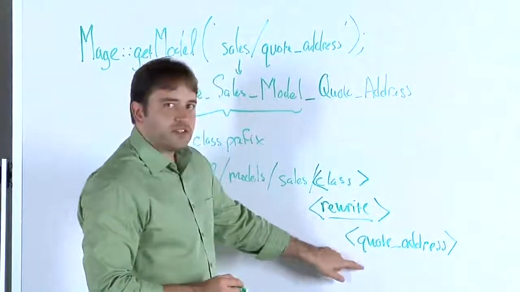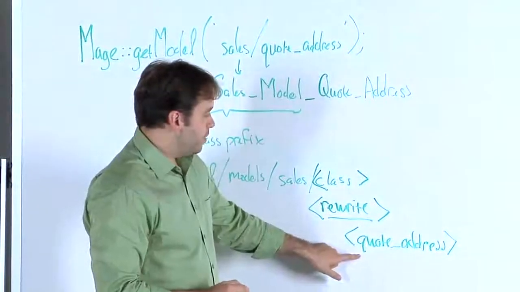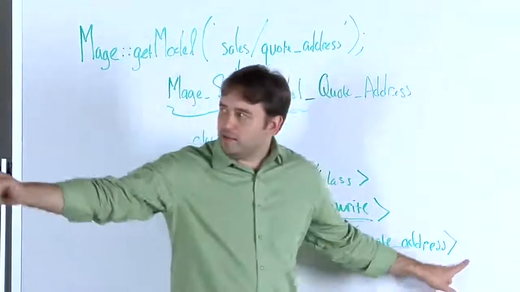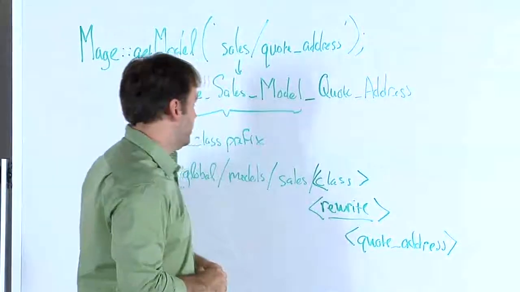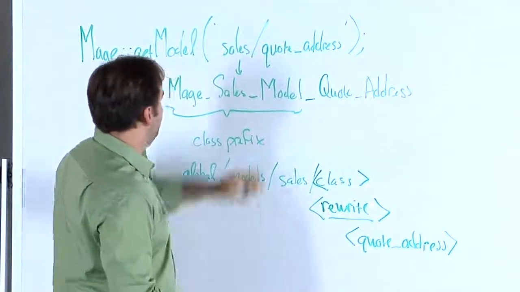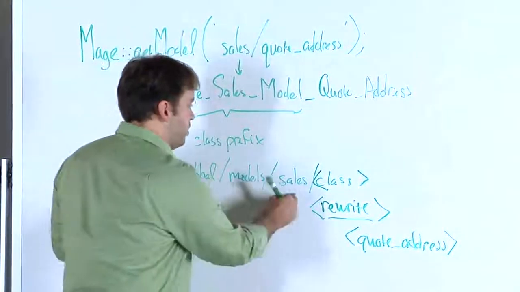So, under quote address, we're adding a full class name. So what happens is, in that configuration object, we get from here to here.